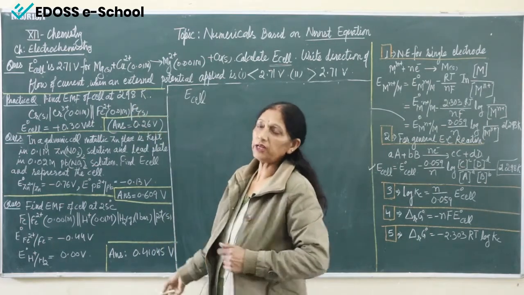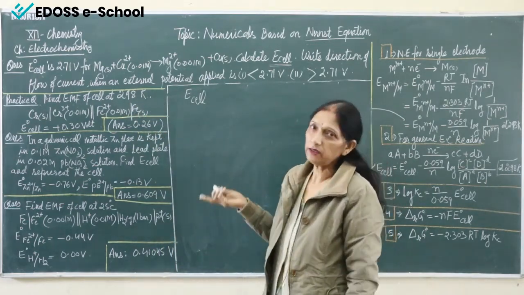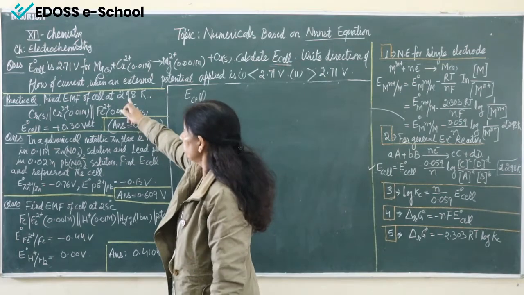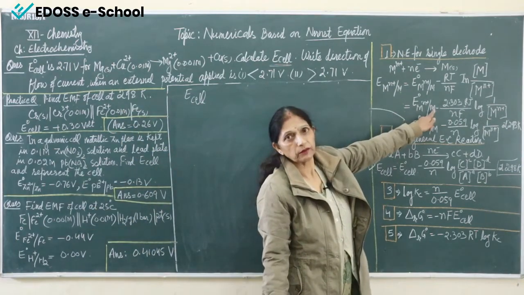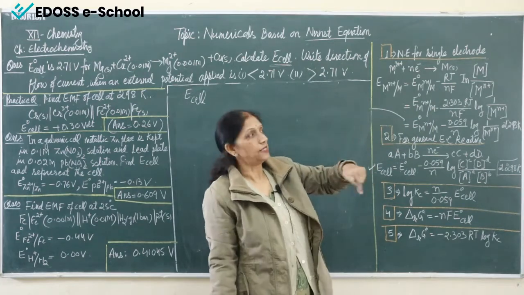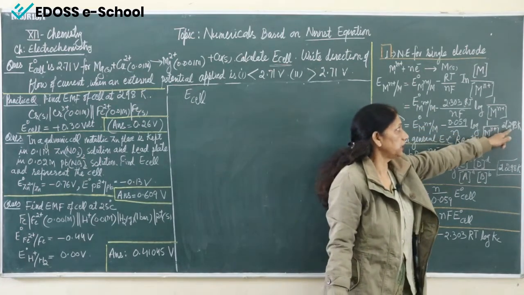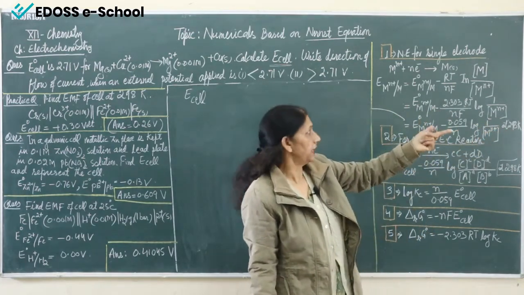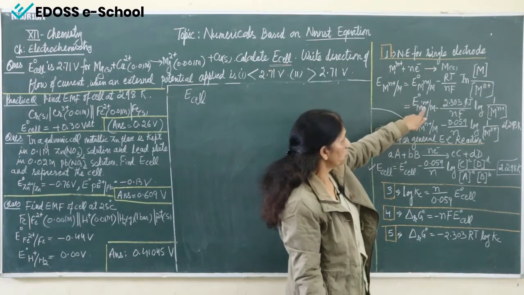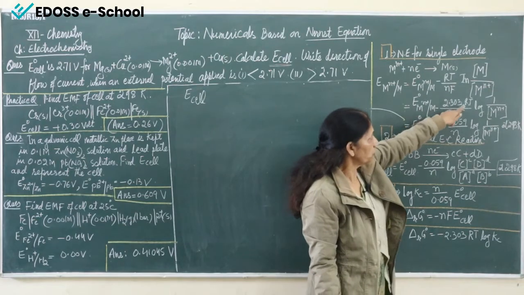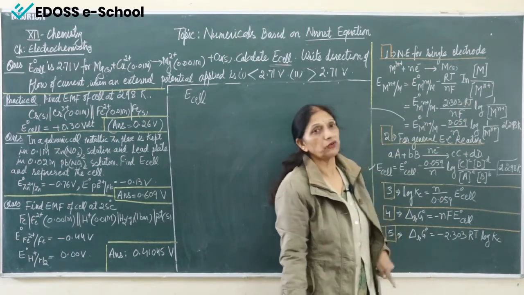Temperature is 298, so the same last equation we can apply. If the temperature is different, say 300 Kelvin or something else instead of 298, then you can't use this formula, remember it. Then you will have to use this formula. You will have to put the value of R, the value of T, of F.